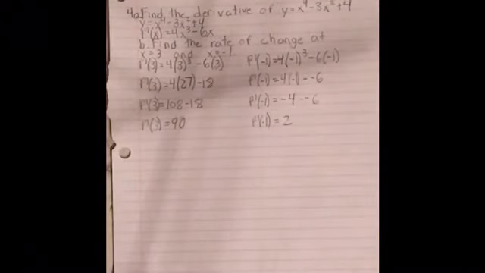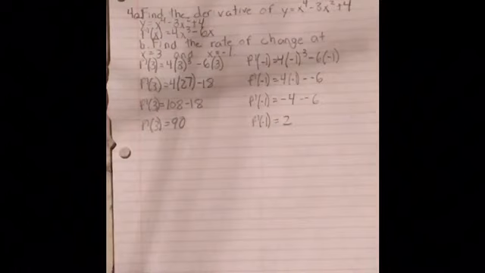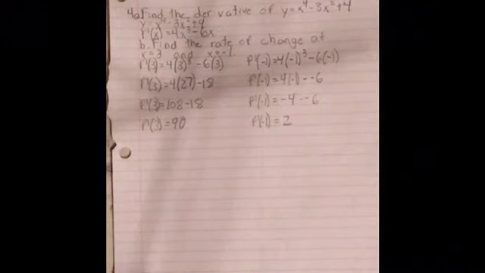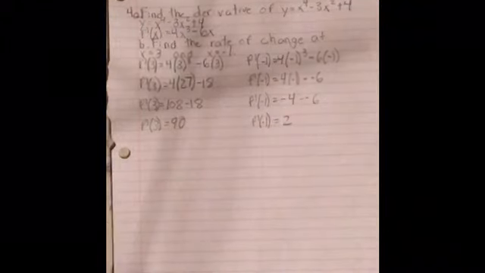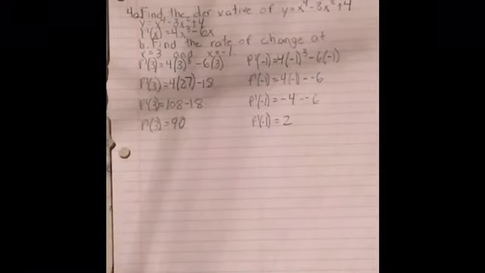The next part of the question, we have to plug in 3 and negative 1 for x in the derivative. When we do this, we find that the derivative of f at x equals 3 equals 90, and at x equals negative 1 equals 2.